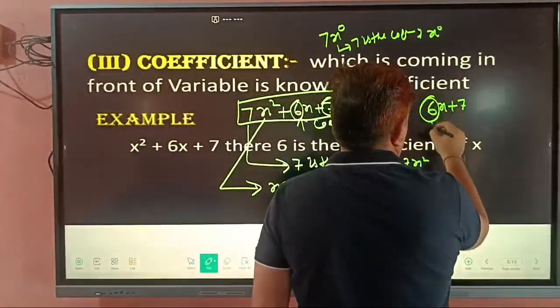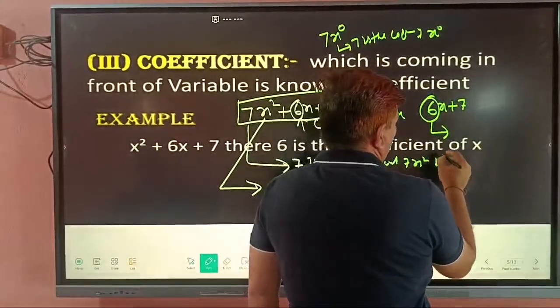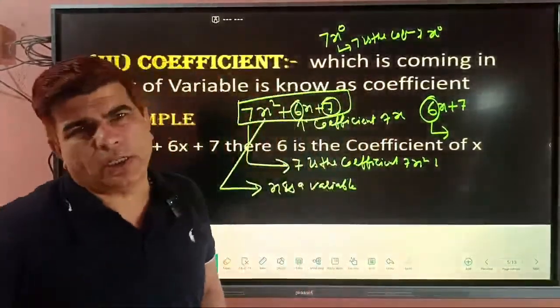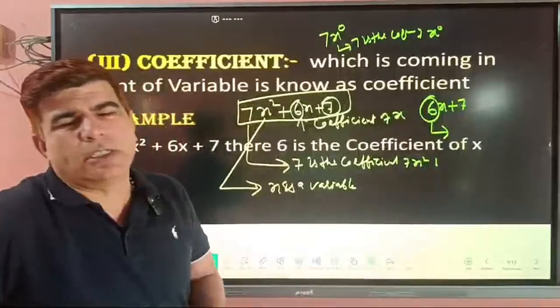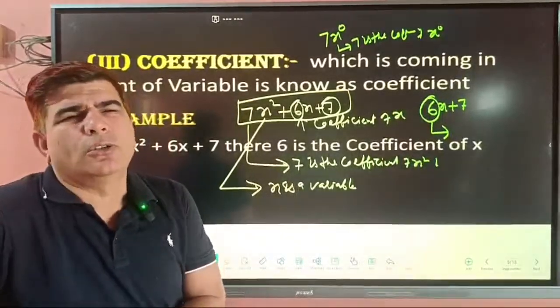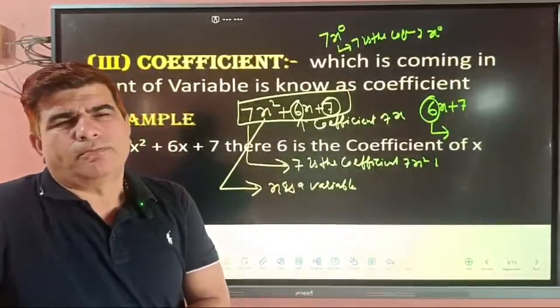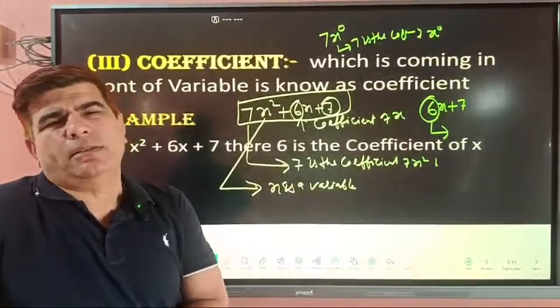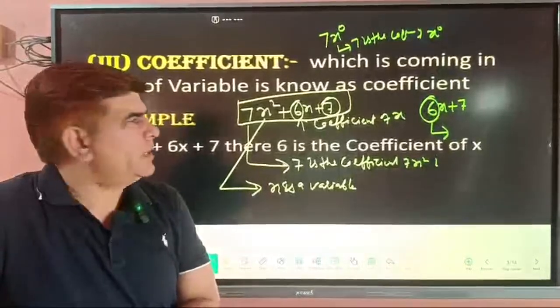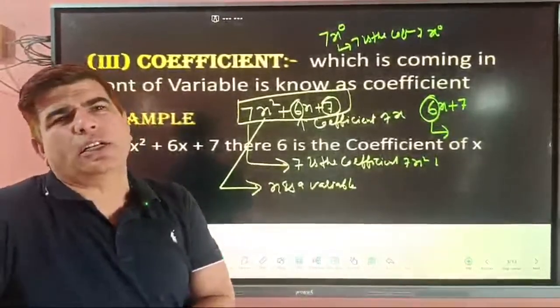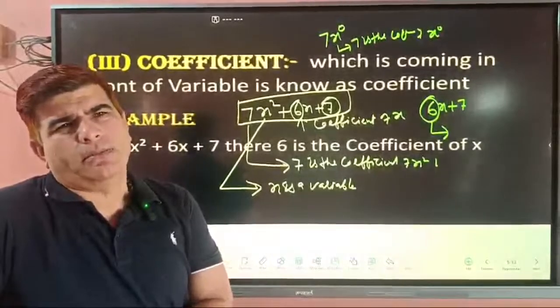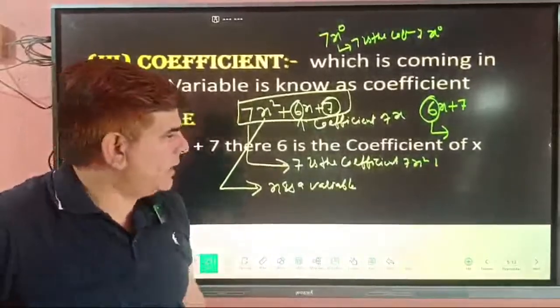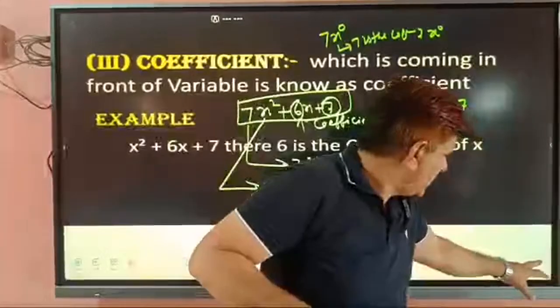Here 6 is the coefficient of x. What's the 7? 7 is the coefficient of x power 0, which is equal to 1. What's x here? x is the variable. Which one is the constant here? 7 is a constant and 6 is a constant. Their values never change, they remain as they are in all situations. I think you understood this. Yes or no?